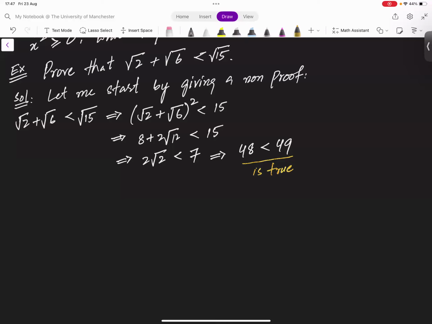So why is this not a proof? Because the implication is going the wrong way.